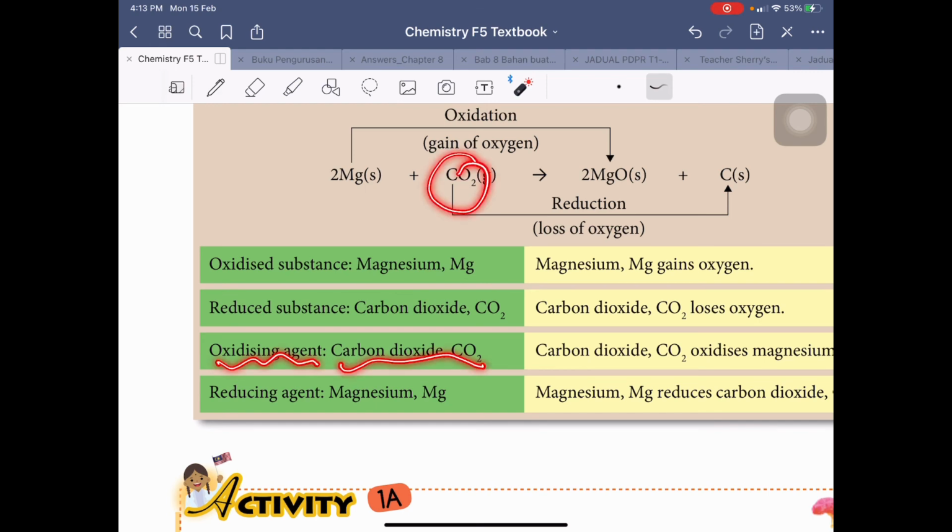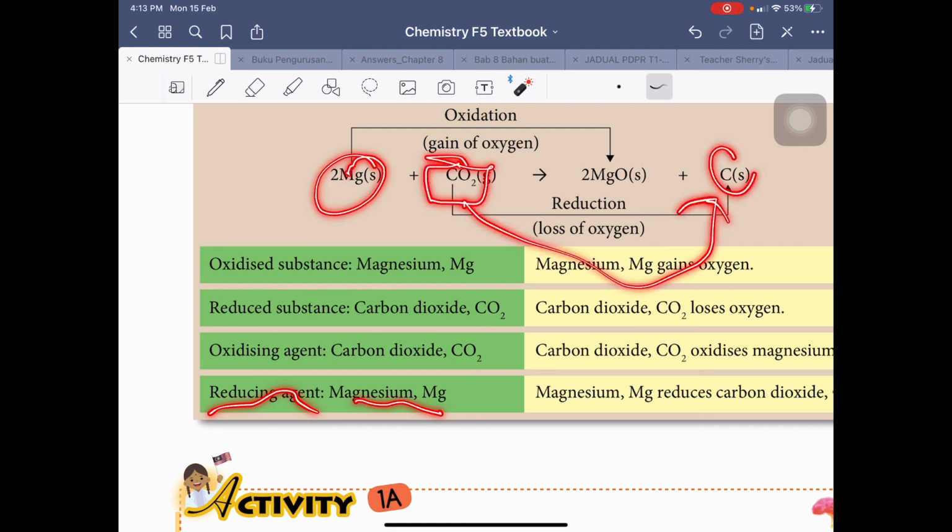Because apa? Carbon dioxide oxidizes magnesium. Look at this, carbon dioxide is actually helping the magnesium to become oxidized. Reducing agent, magnesium. Kenapa? Because it helps the carbon dioxide to be reduced menjadi C.